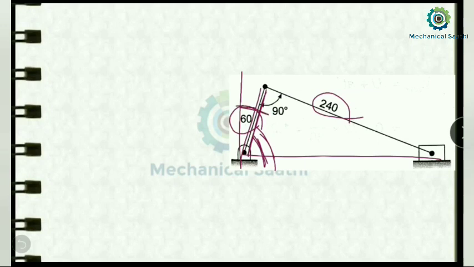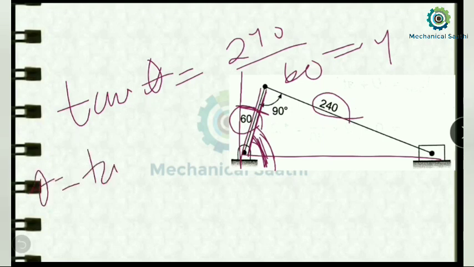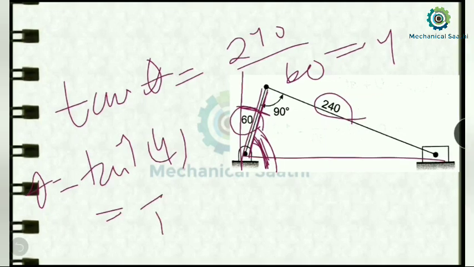This angle we can find by using tan theta. Let this angle be theta, then I can write P by B, that is 240 divided by 60, which equals 4. So theta will be equal to tan inverse 4, which is 75.96.